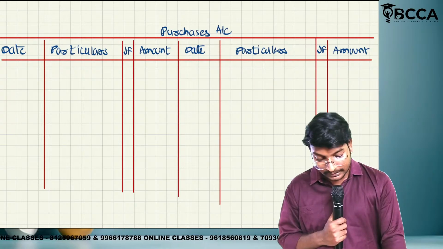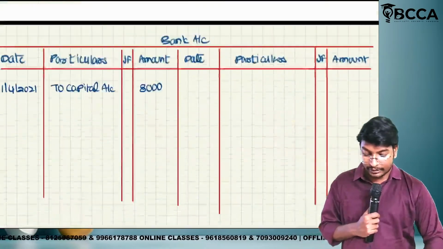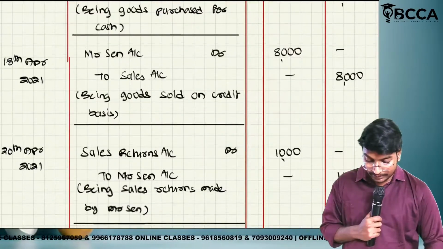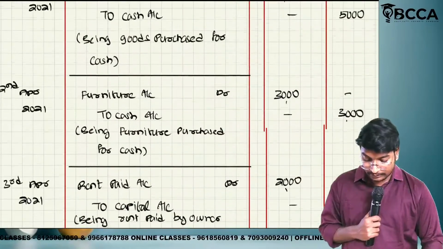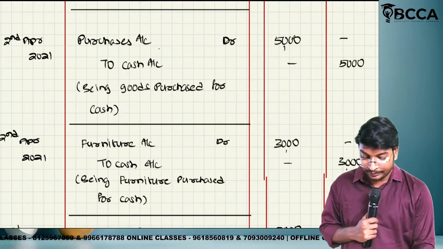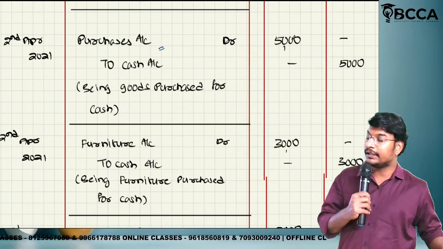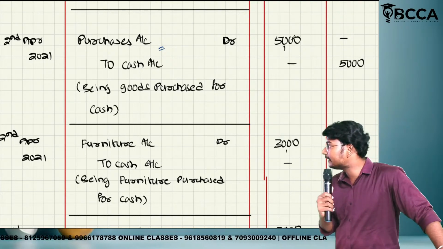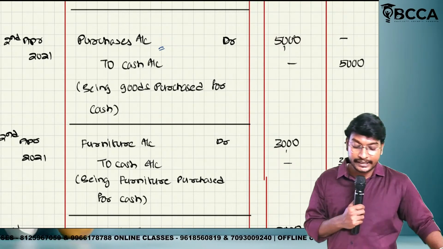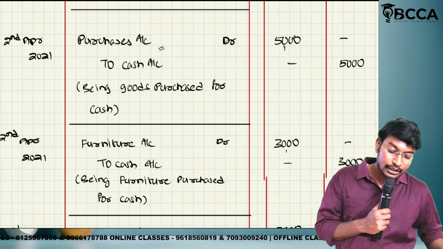If you observe the journal entry, what is the journal entry we have recorded? Purchase account debit to cash account. So purchases is debited or credited? Purchase is debited. So we need to record in the purchase account on which side? Debit side. Now with the name called what? To cash. How much amount?